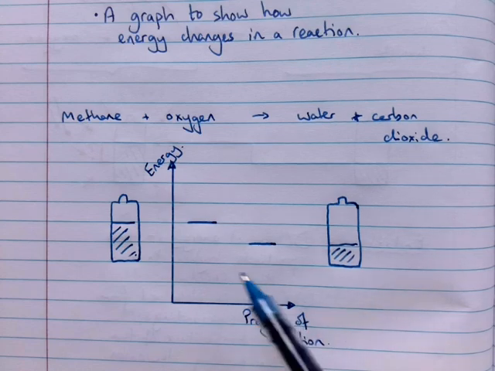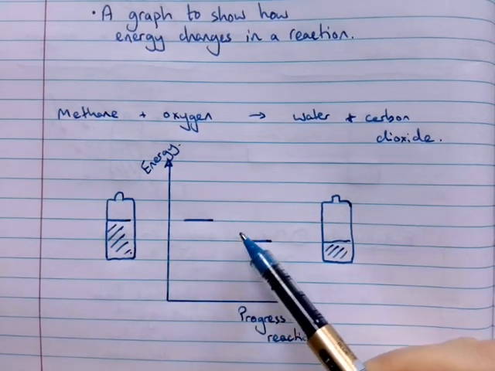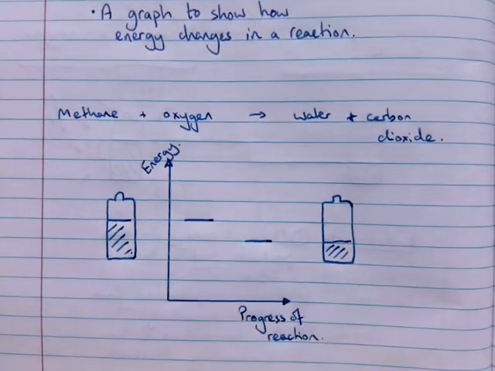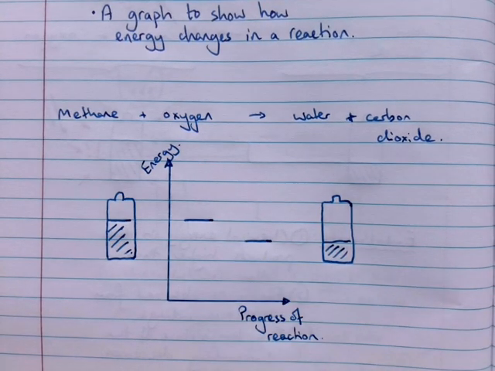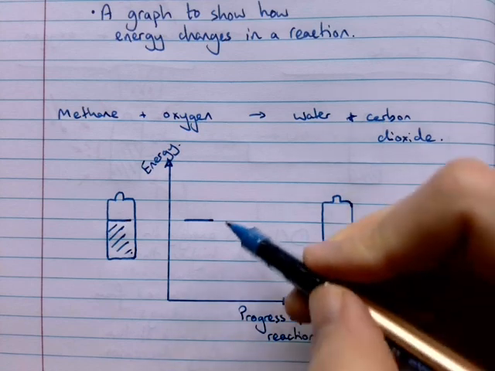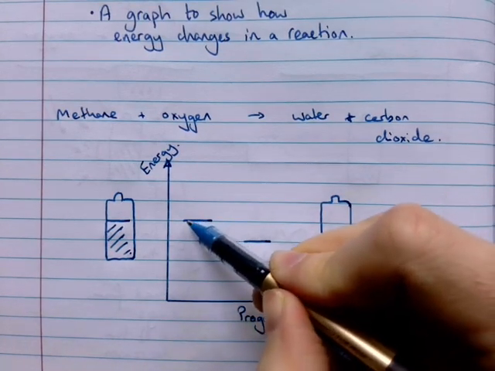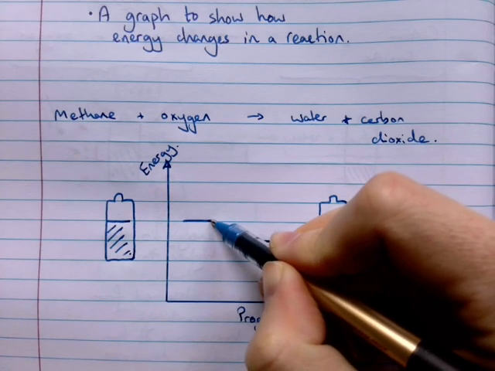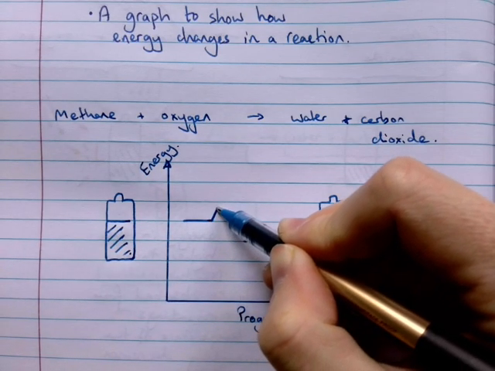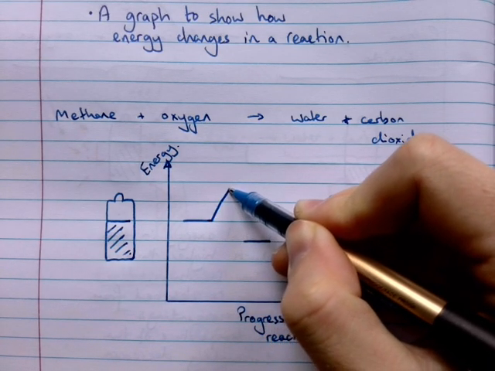Okay, so our graph is almost complete, but there's one more thing that we need to think about. And that is, how do we connect these two levels? You might think it just goes straight down, but it doesn't do that. What actually happens is that I have the amount of energy in my reactants, and then first of all, the energy goes up, and then it goes down.